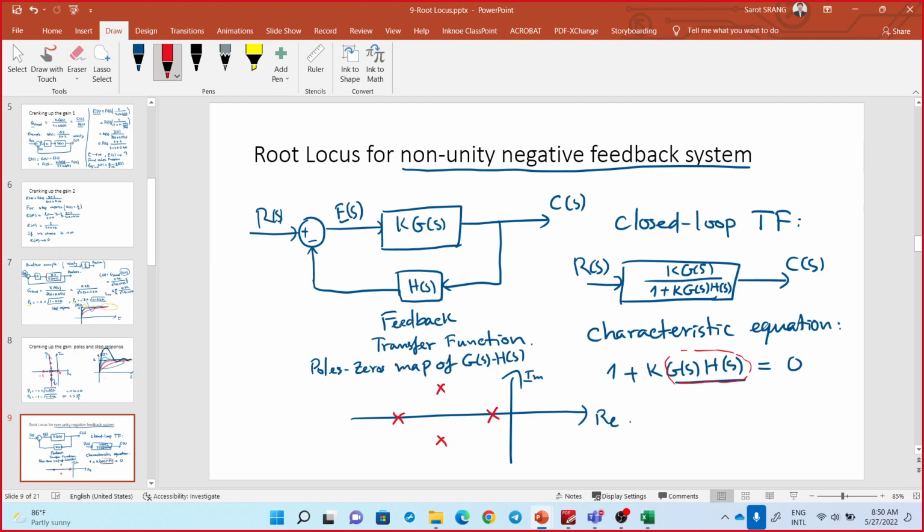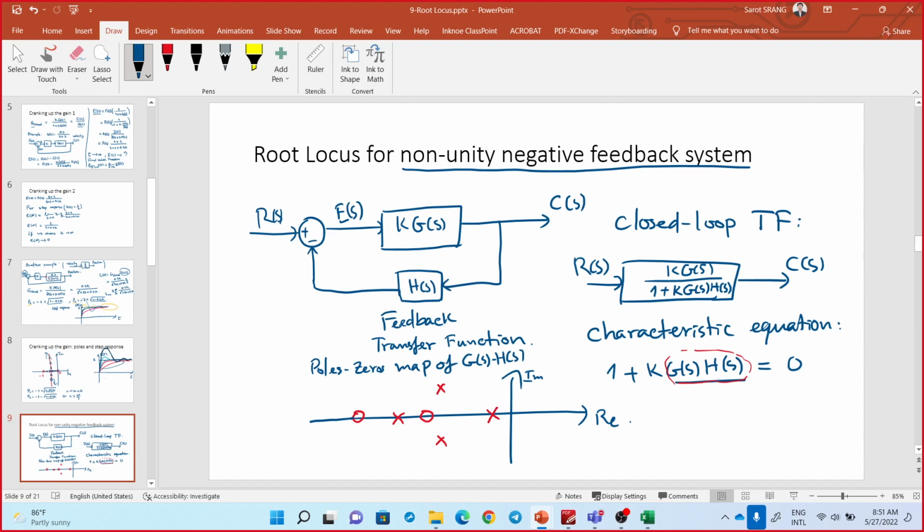And if you have zeros as well, let's say 0 is here and 0 is here, and then you need to sketch the evolution of the roots, and then it is called root locus.